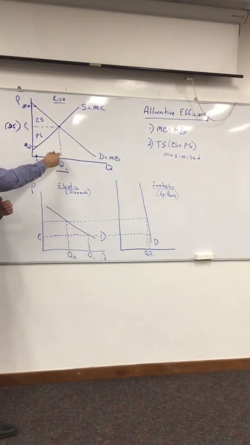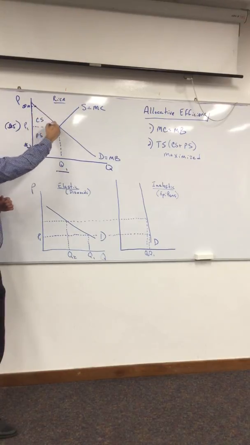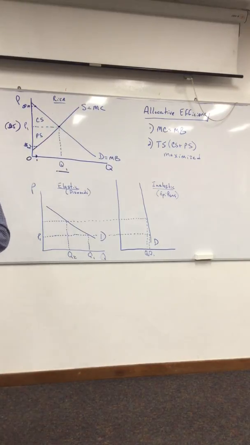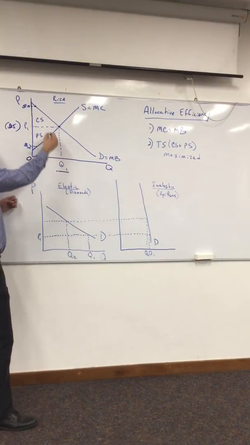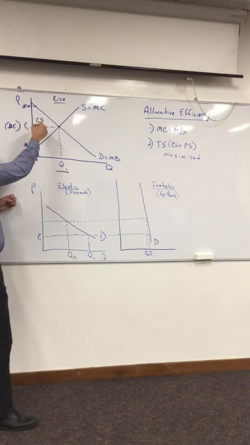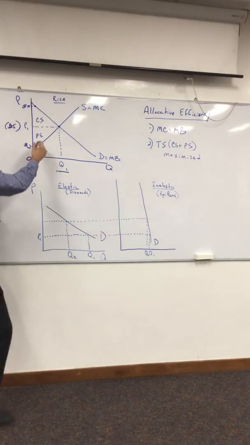Okay, and that would be the case for every unit produced between 0 and Q1, making this triangle here, that area, equal to the dollar value of consumer surplus of all the goods produced in this market up to Q1. Okay, so CS here, this triangle, is your consumer surplus. It's the welfare that consumers get beyond the price of the good.